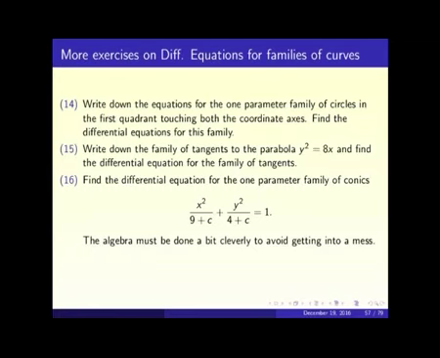The third problem that I am giving you is, look at the system of curves x squared by (9 plus c) plus y squared by (4 plus c) equals 1. So what is the parameter here? C. C keeps varying over the real numbers. You get a one parameter family of curves. They are conics. Some of them are ellipses and some of them are hyperbolas.